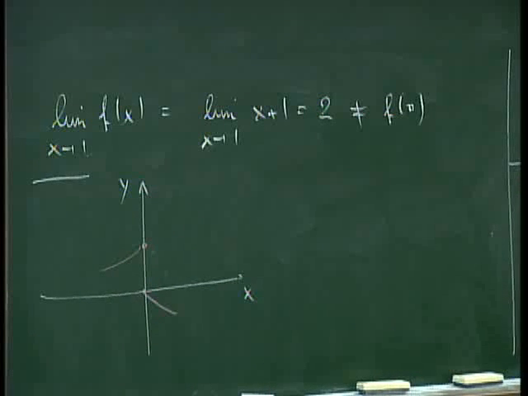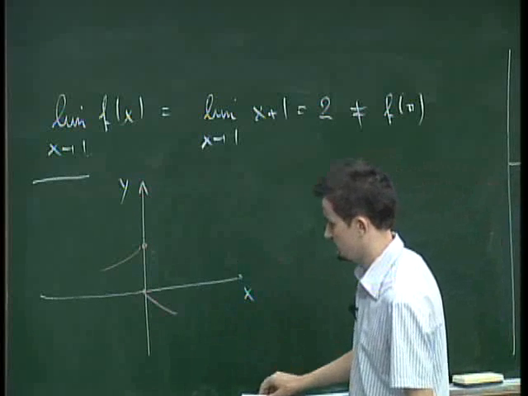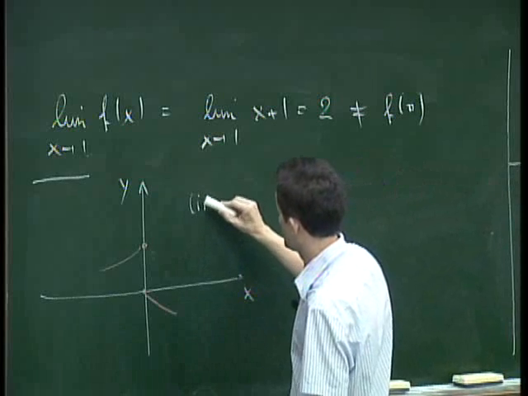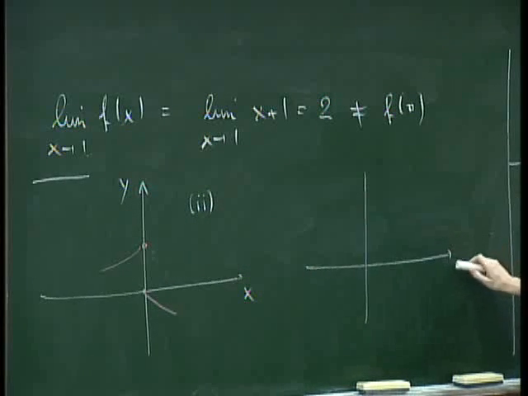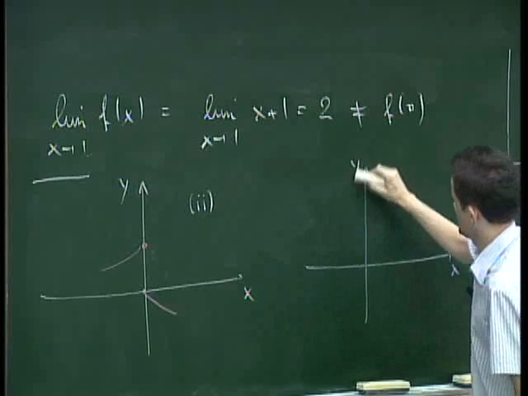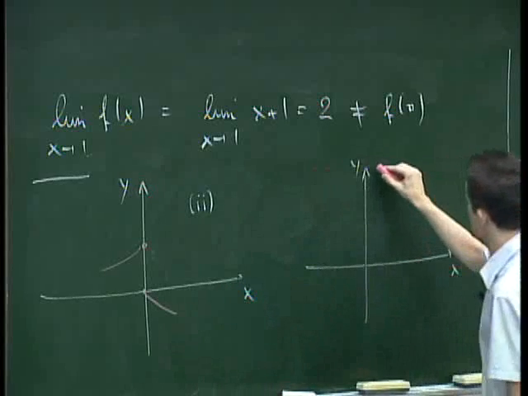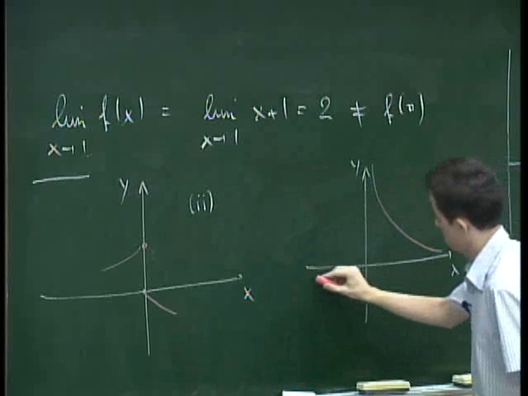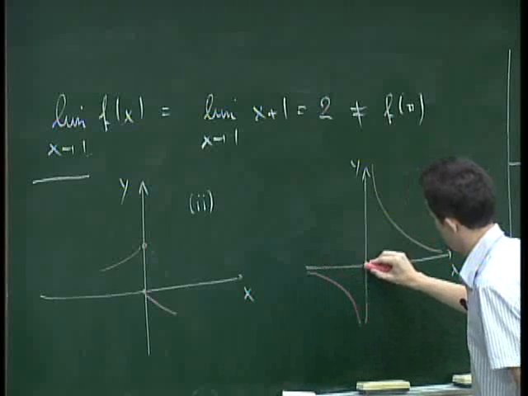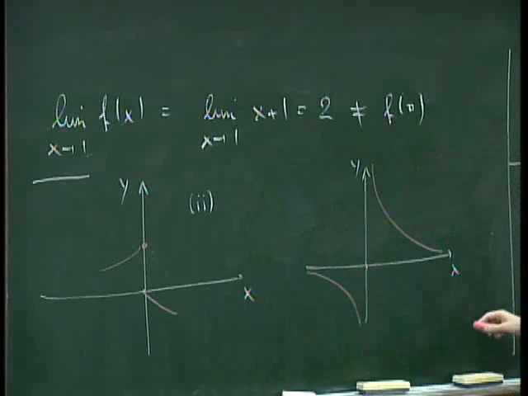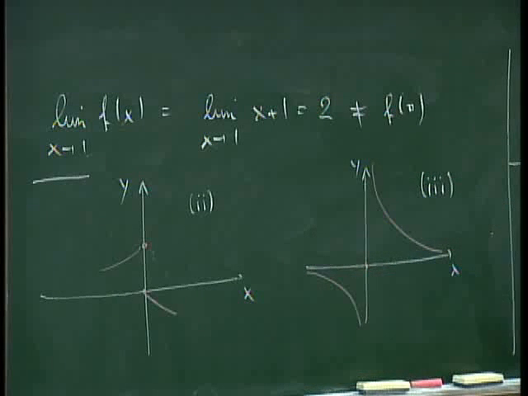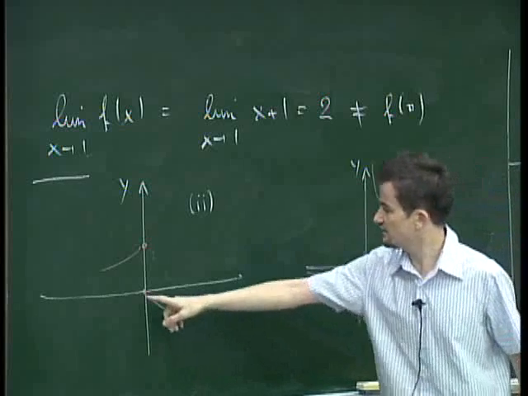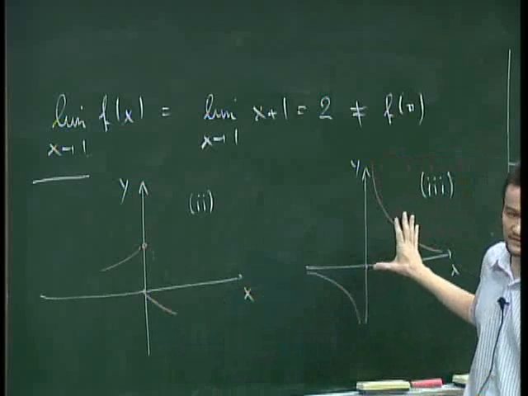So you see that the function jumps here, and this is the second example. And this is the third example. So in both cases, the function is defined at 0, but the limit does not exist.